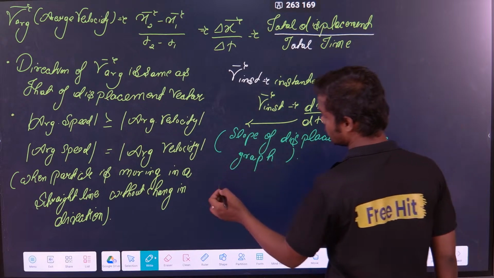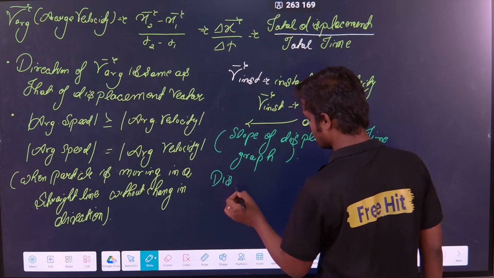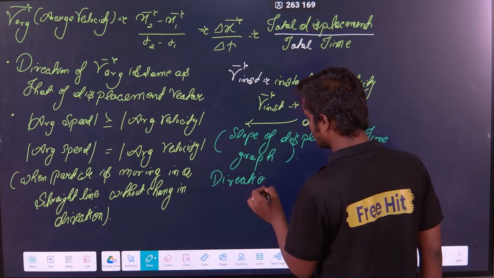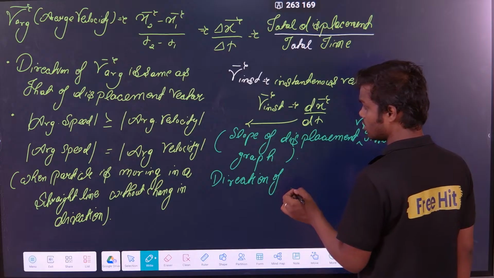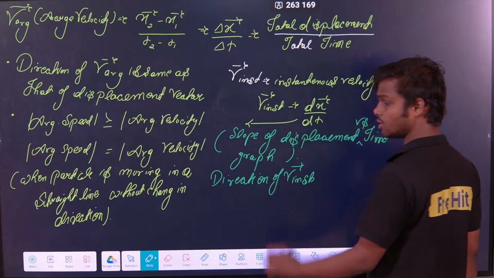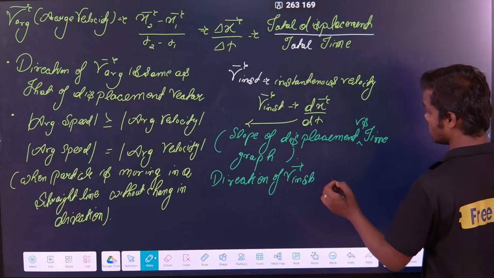And what is the direction? If I ask you what will be the direction of V instantaneous? Because it is a vector quantity, both magnitude and direction are important.